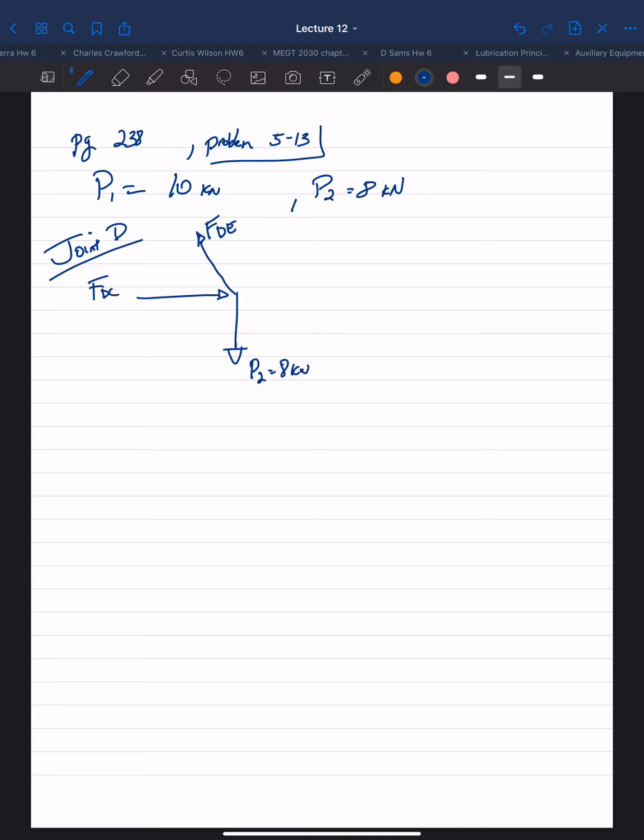And you see how the sense of the force members, the vectors, they're arranged so that they support our equations of equilibrium, such that the sum of the forces in the x direction equals 0 and the sum of the forces in the y direction equals 0. FDE is positive y direction, P2 is negative y direction. FDE sense is in the negative x direction, FDC sense is in the positive x direction. So the forces cancel out, which is what we need.